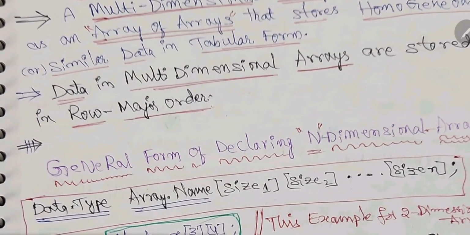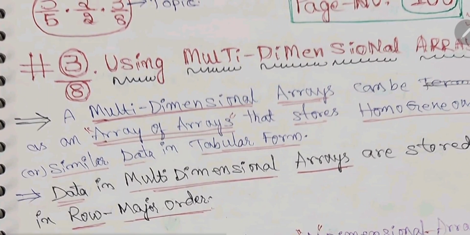Definition: multi means many. A multi-dimensional array can be seen as an array of arrays that stores homogeneous, meaning similar, data in tabular form.